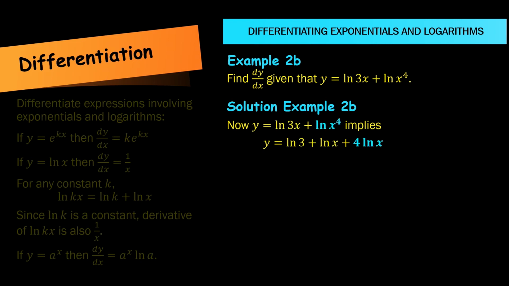And the second term, ln x to the power 4, becomes 4 ln x. So y equals ln 3 plus 5 ln x.